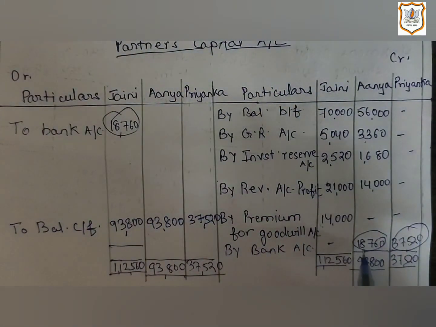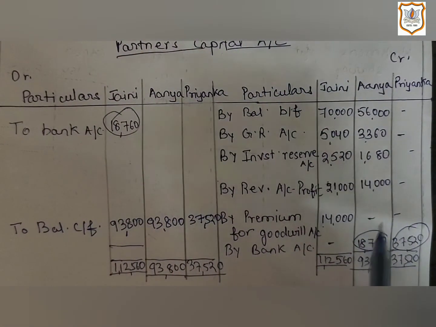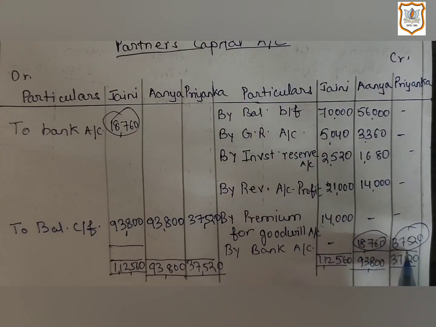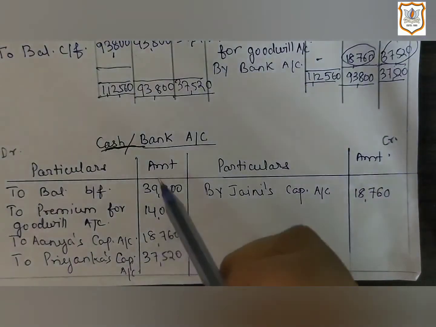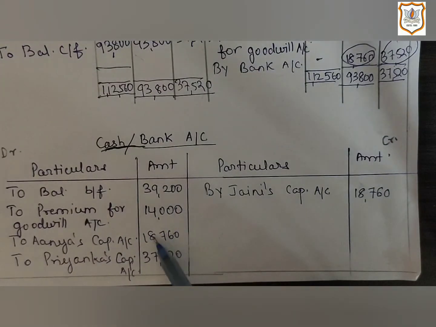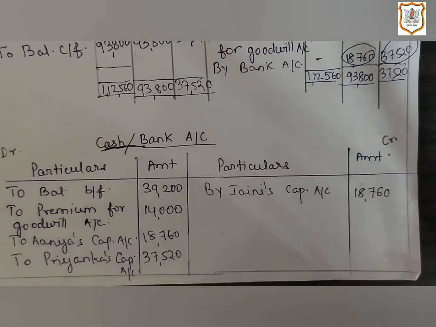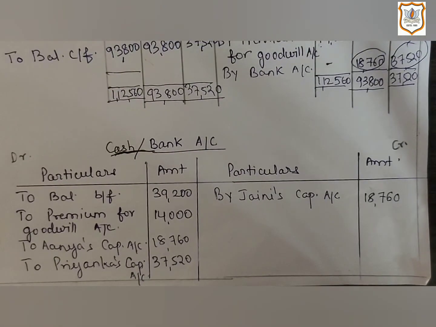That means 18,760 is brought by Anya and 37,520 is brought by Priyanka, which will increase the bank balance. So we will record on the debit side of the bank account 18,760 and 37,520 to Anya's capital account and Priyanka's capital account.